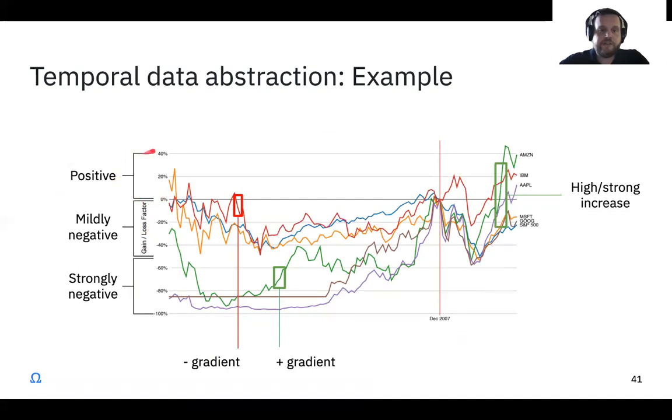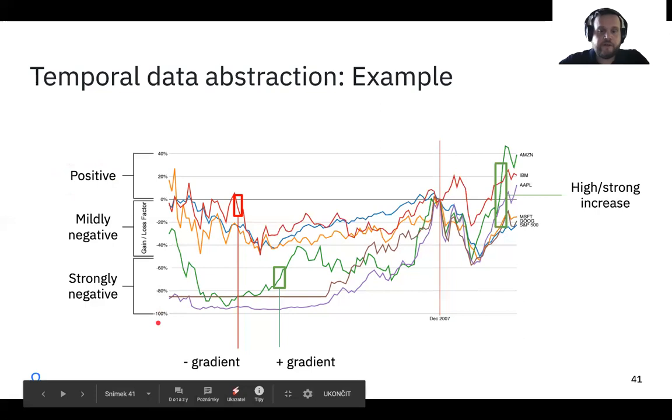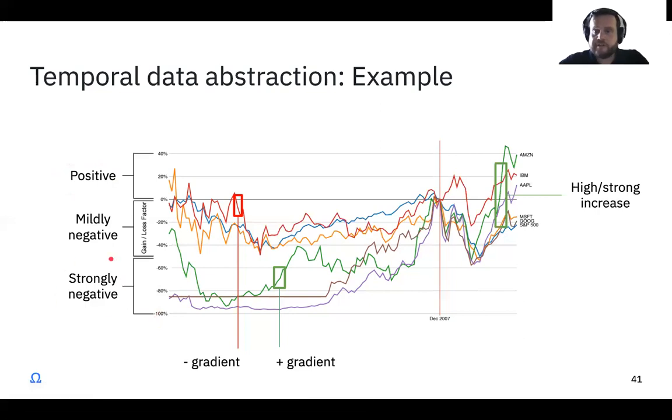Anything above 0 is going to be positive for me. Anything from 0 to, let's say, minus 50% is, as a very forgiving investor, mildly negative. And if it drops below 50% or even loses all its value, then I'm going to have a strongly negative opinion, a strongly negative value for me in this regard.